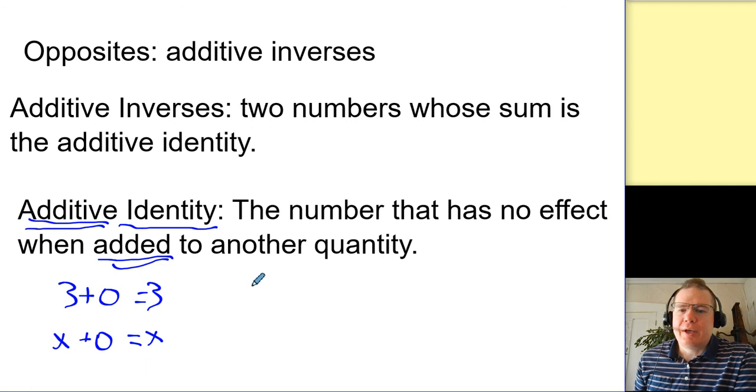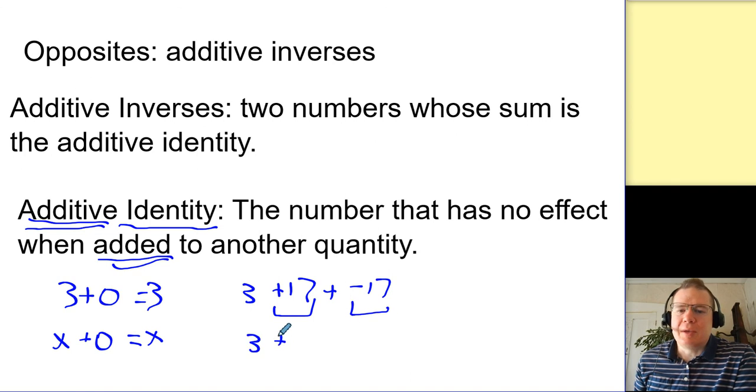Well, if I have 3 plus 17 plus negative 17, that's the same as doing 3 plus 0, because the sum of these two numbers is 0, right? That's pretty much what we just looked at.